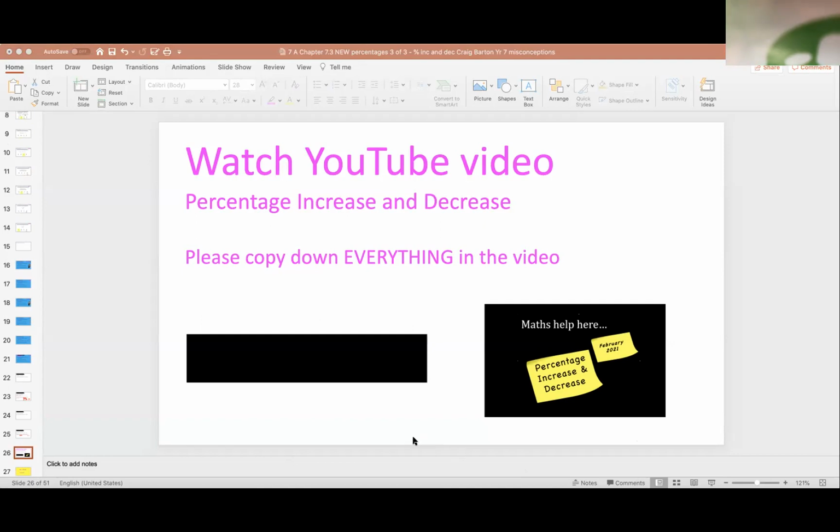Hi there. Today we're going to be looking at percentage increase and decrease. We're also going to look quickly at VAT, value added tax, starting with percentage increase. So my first question is I'm going to say that James is 140 centimetres tall.